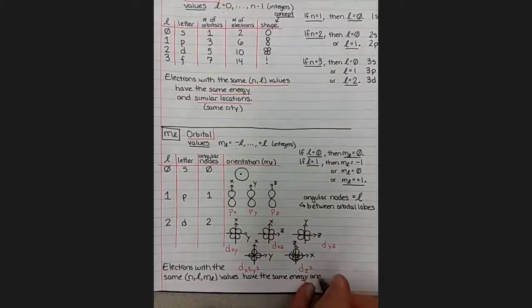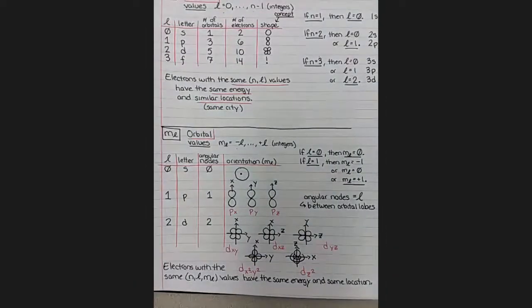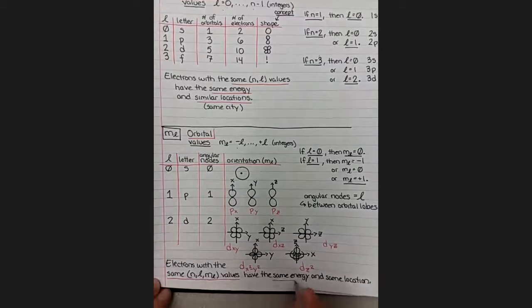And they have the same location. So remember when we said that the 2 electrons live inside each orbital? If these orbitals have the same N, L, and M values, they are living in the same orbital. So they're living in one of these pictures.